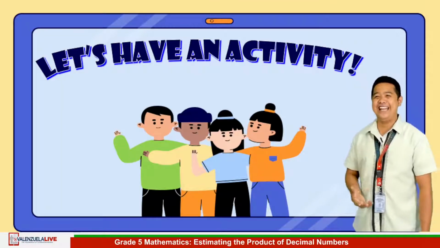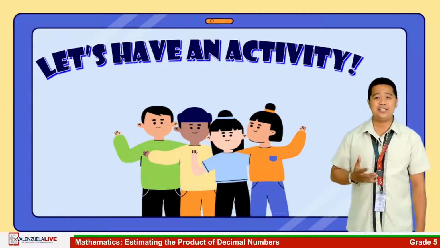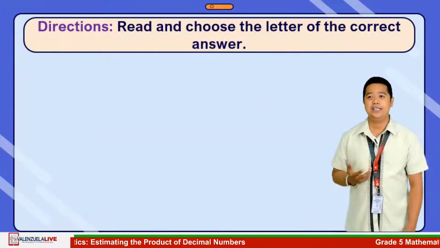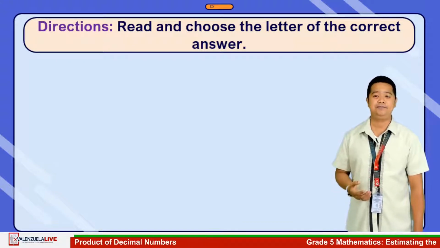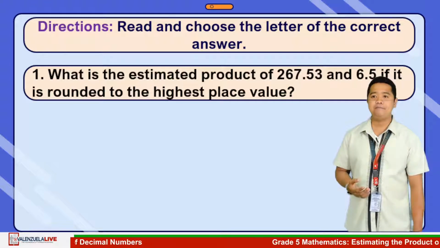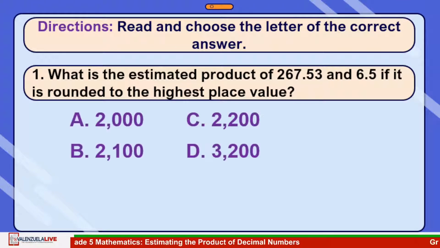Okay, grade 5. Let's have an activity. Let us apply all the lessons that we tackled today. So, read and choose the letter of the correct answer. What is the estimated product of 267 and 53 hundredths and 6 and 5/10 if it is rounded to the highest place value?